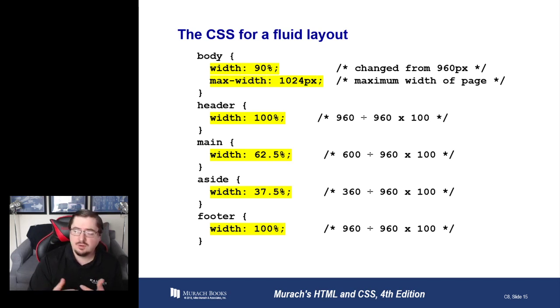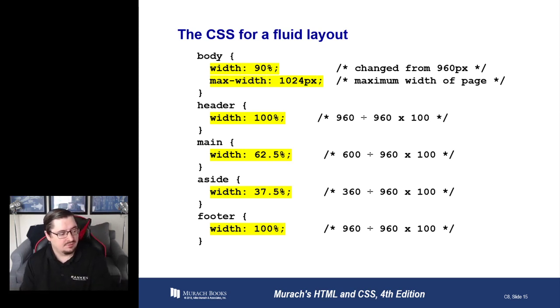Our target was originally 960, so that's our target. And the context, the container that it was in, was 960. So 960 divided by 960 is 1. Multiply that by 100, we get 100. Similarly with the main and the aside, we say 600 divided by 960, 360 divided by 960. Okay, there's our percentages. Also in here, you'll note that they've set a max width on the actual body.